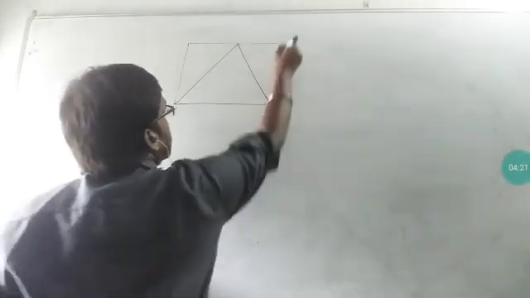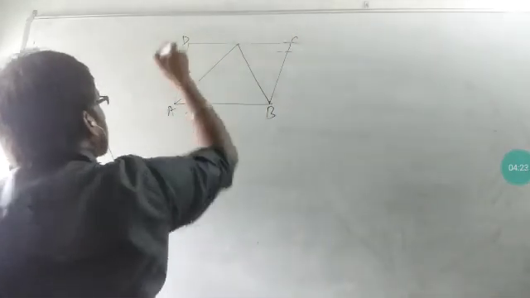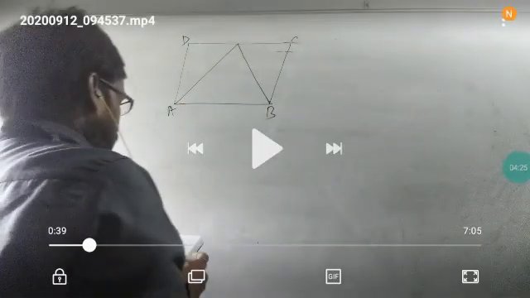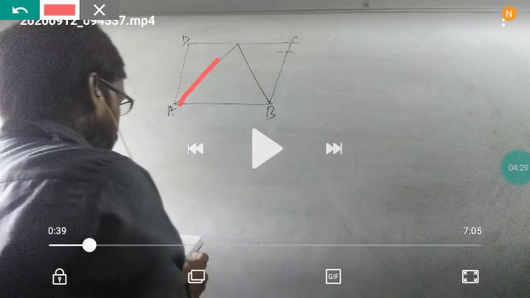A, B, C and D. Wait a minute, see this one thing. This line and this line, they are the bisectors of angle A and angle B. That means these two angles will be equal, then these two angles will be equal.